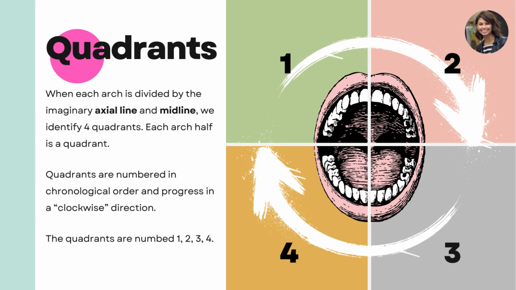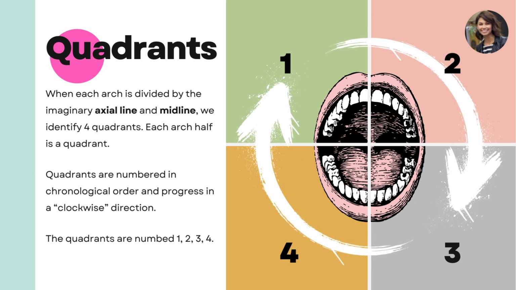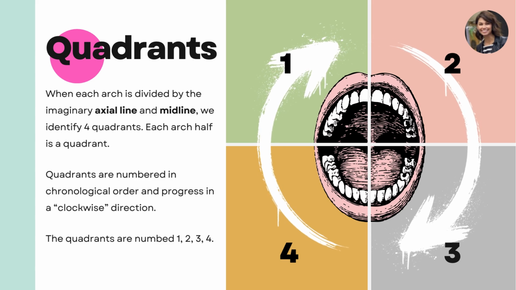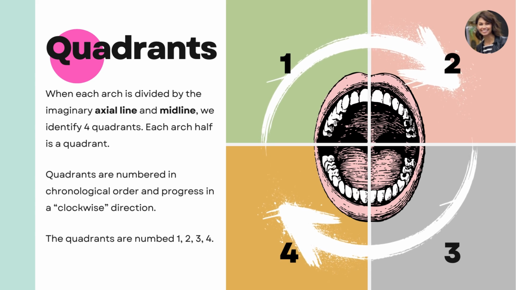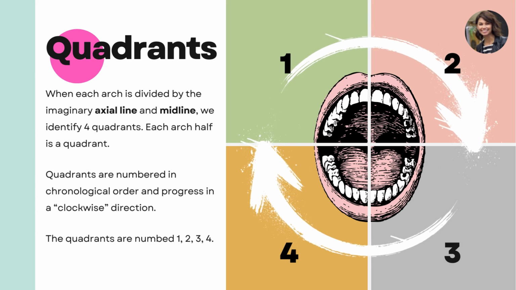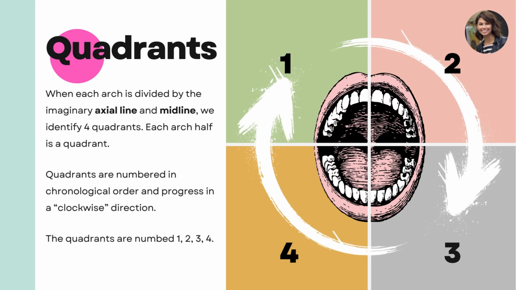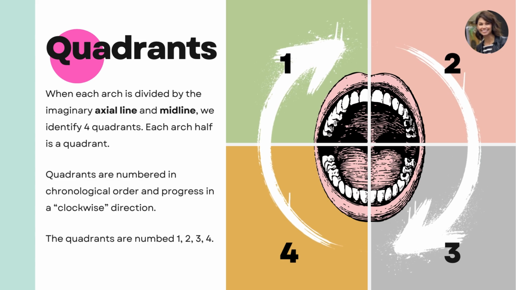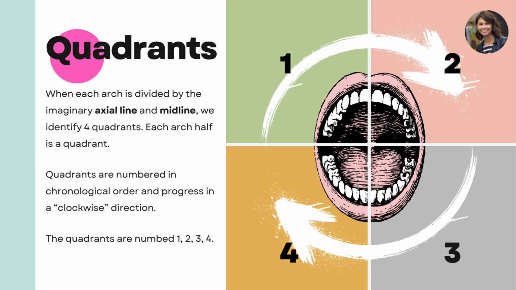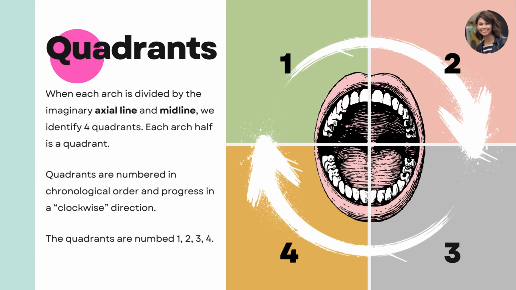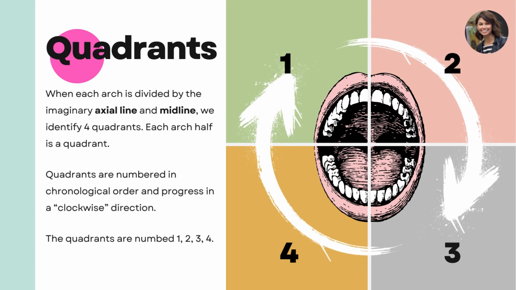Quadrant 2 exists on the upper left side or maxillary left side. Quadrant 3 exists on the lower left side or lower mandibular left side. Quadrant 4 exists on the mandibular right side or the lower right side.